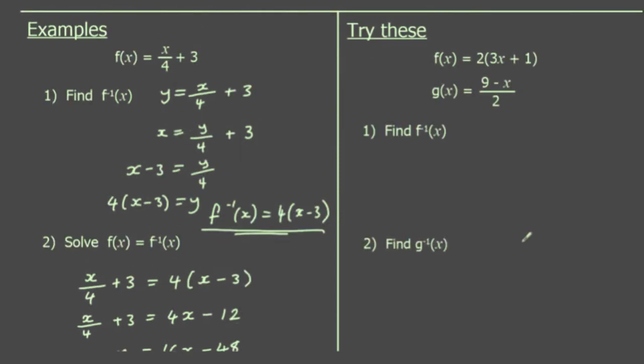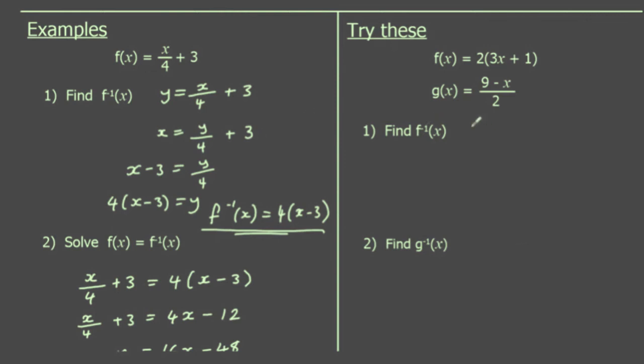For you to try here, I'll give you some more. The first one, we have got f of x equals 2 times (3x plus 1), and we are going to find the inverse function.